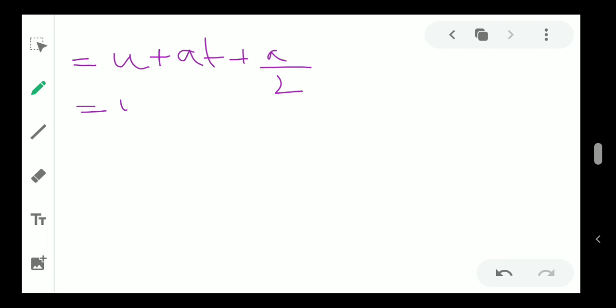So if I take common a by 2, I can write this as 2t plus 1.